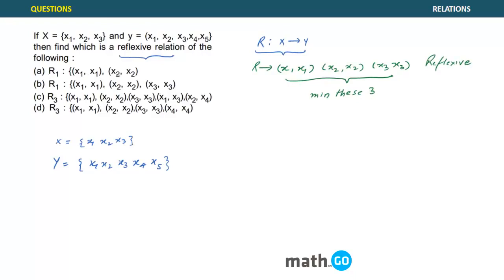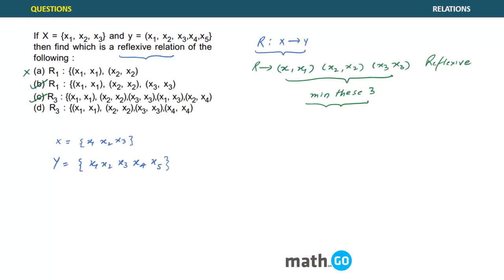R1 has x1 both, x2 both, but not x3, so this is not a reflexive relation. This one is completely a reflexive relation, right? Next, x1, y1 is there, x2, y2 is there, x3, y3 is there, and apart from that x1, x3 and x2, x4 are there, not a problem. We have satisfied that minimum these three should be there. Apart from that, anything extra would still be a reflexive relation. Now again talking about this here, it is x1, x2, x3.